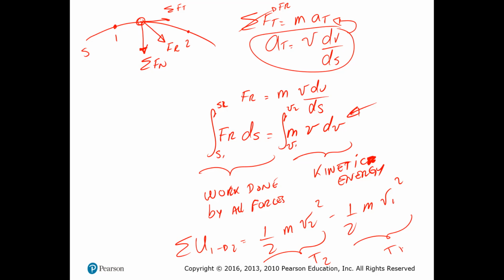And why is this important? Because when I rearrange this equation, I will get something in the book that is written as T1 plus all the work done from 1 to 2 equals T2. How can we make sense of this formula? It's very easy, guys.